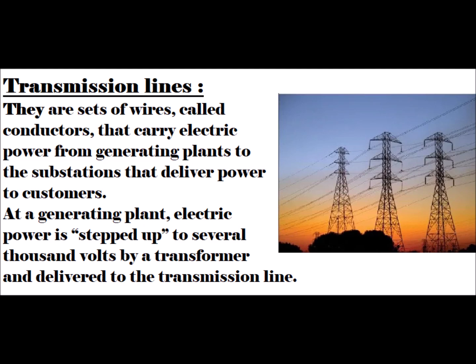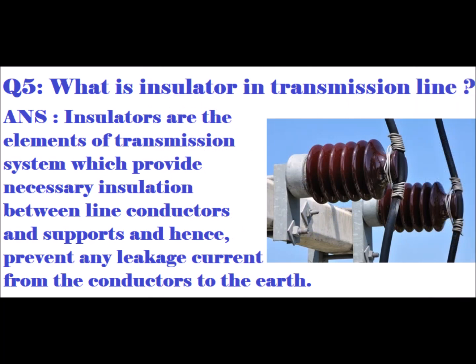Next question is, what is an insulator in a transmission line? As per the basic definition, an insulator is anything that does not allow the flow of electricity through it. In the case of a transmission line, insulators are elements of the transmission system which provide the necessary insulation between the conductors, that is line conductors, and the support.